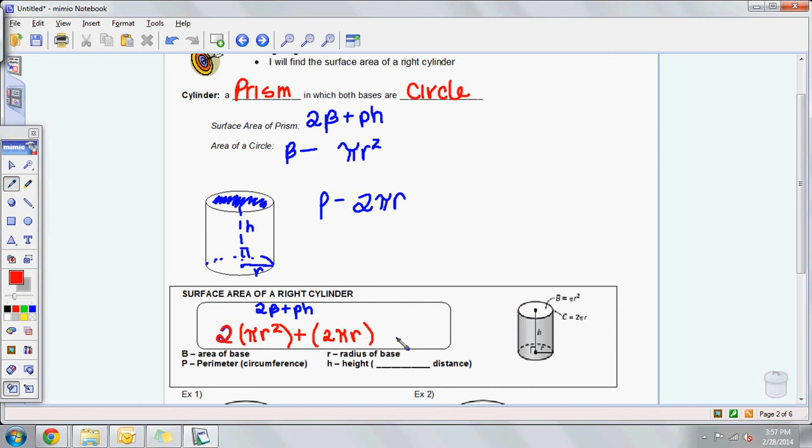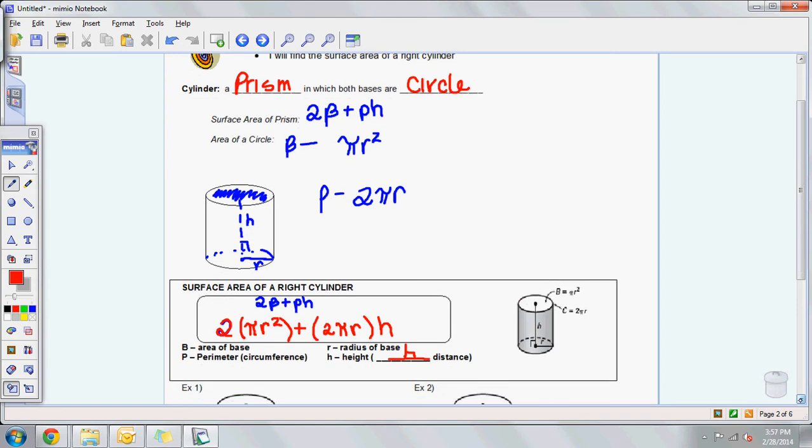And then times the height. So pretty lengthy formula for our cylinders. So hopefully you're getting that this is our formula, and then if you break it apart to see the big picture, this is really what you're doing for every cylinder. Okay? So lots to remember, but if you break it apart, it should be not so bad. Remember, the height is going to be that perpendicular distance from the top to the bottom. So this distance right here.